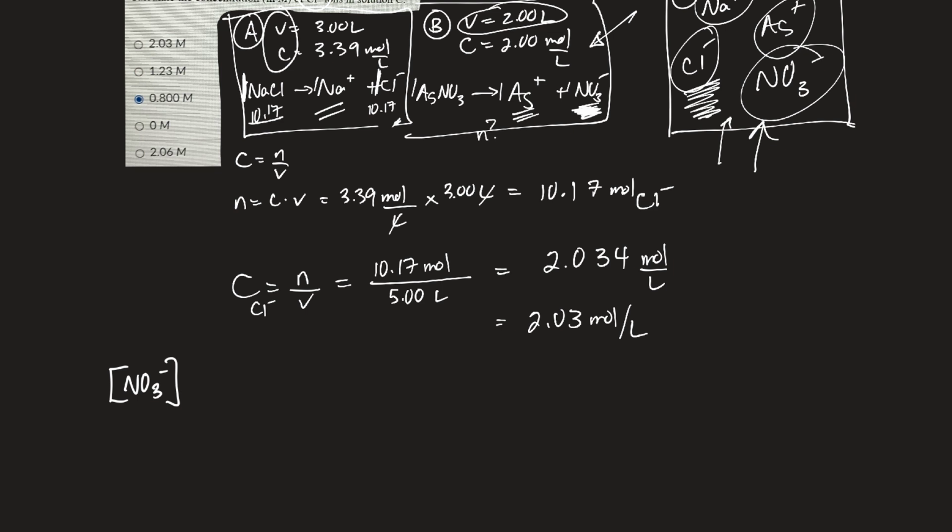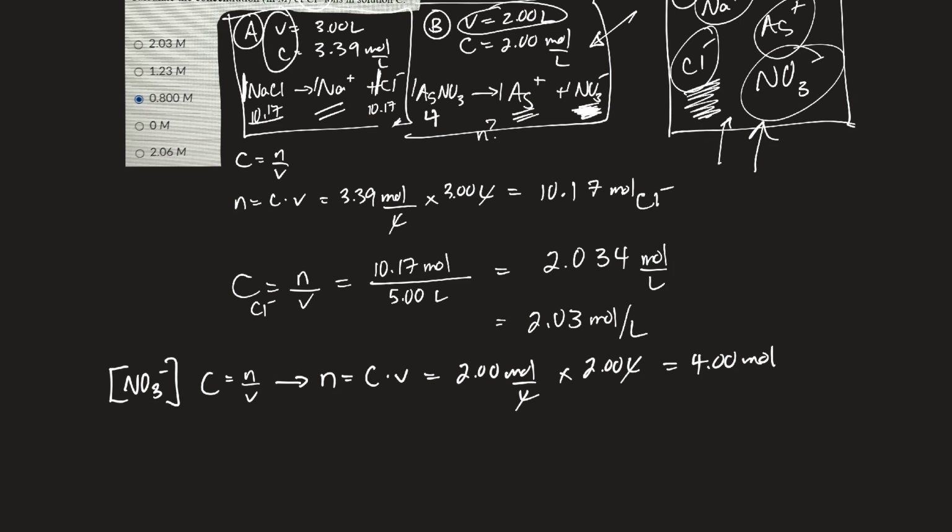So I would use the other formula. C equals N over V, and that changes to N equals C times V. Concentration 2, volume is 2, cancel the liters. So that would be 4.00 moles of silver nitrate.